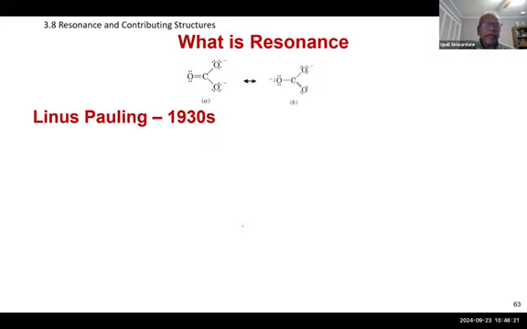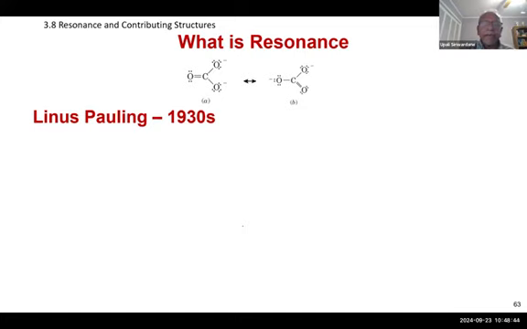Linus Pauling is a famous American chemist who won 3 Nobel Prizes. He's the one who came up with the helix structure for protein. He's very famous.